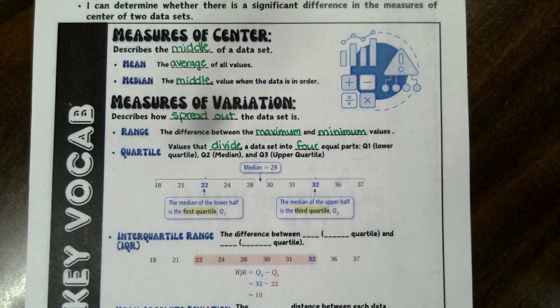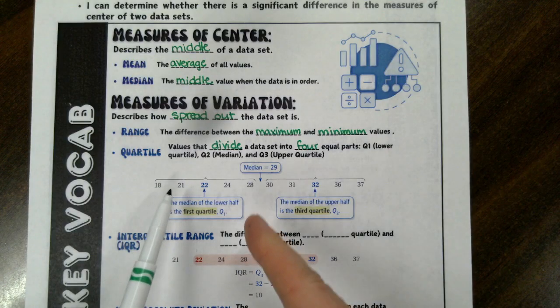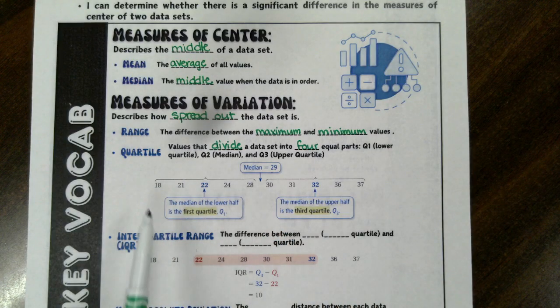Within each quartile, within the first quartile, you'll have just a little section of data, and within that, it has its own median. In this case, the median for the lower half, the first quartile Q1, is 22. The median of the upper half, the third quartile Q3, will be 32 in this example.